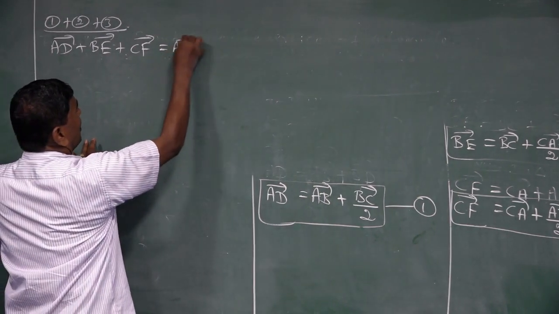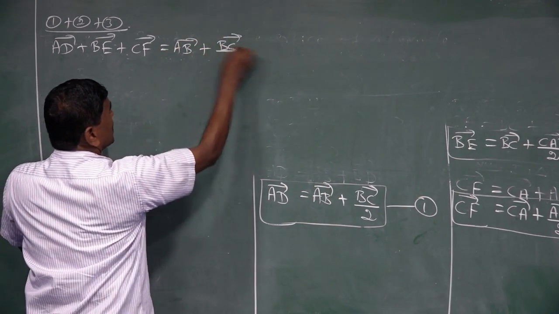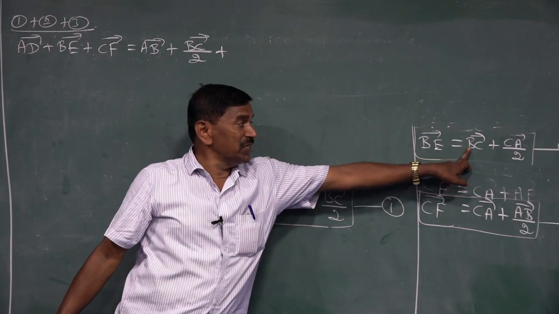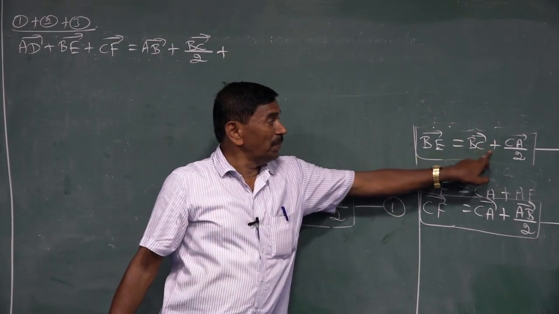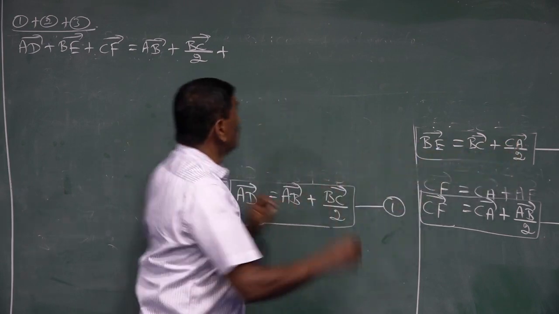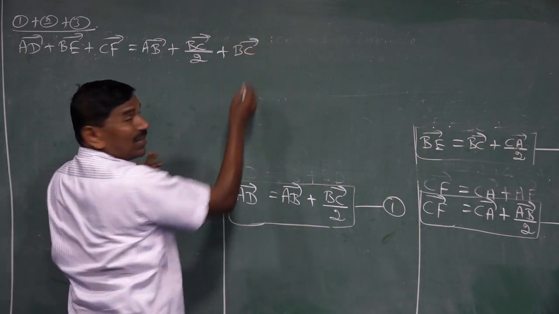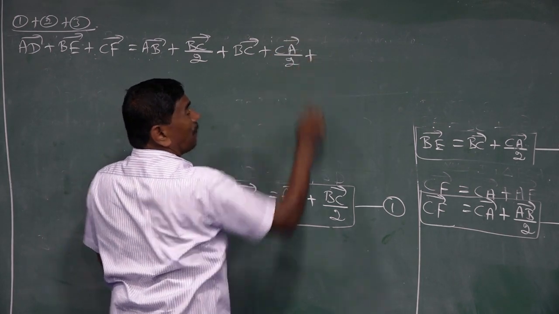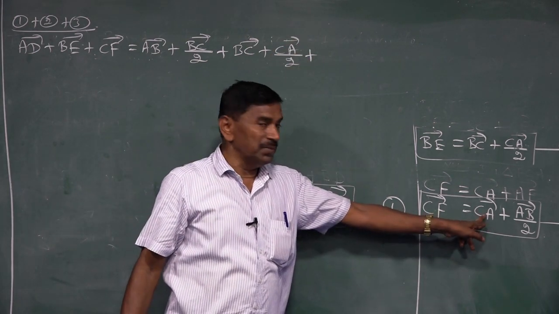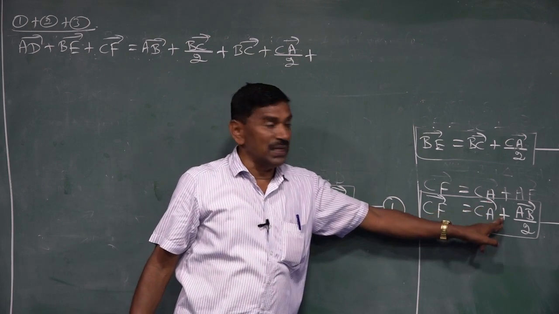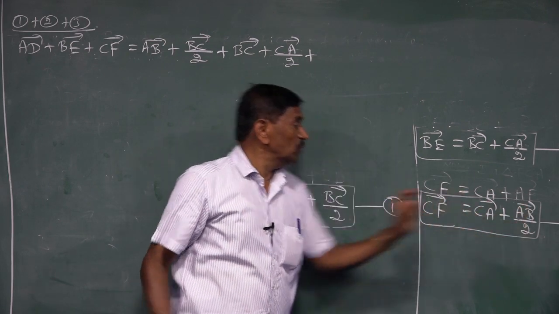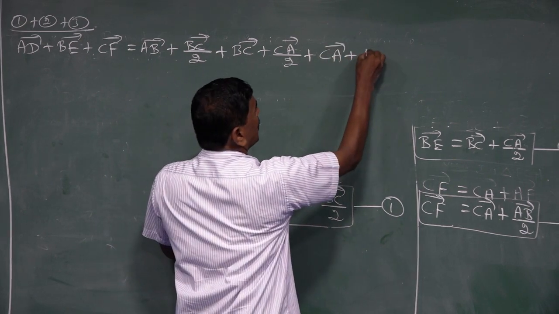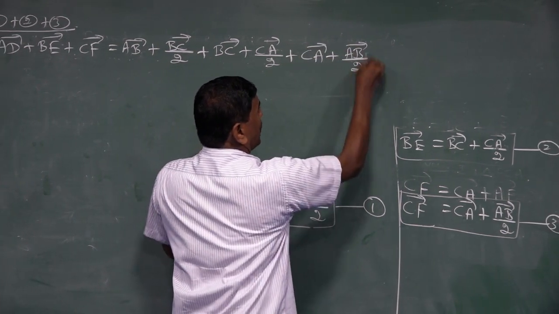So AB vector plus BC vector by 2, plus the second term: BC vector plus CA vector by 2. So plus BC vector plus CA vector by 2, plus now the third term. The third term is CA vector plus AB vector by 2. So plus CA vector plus AB vector by 2.